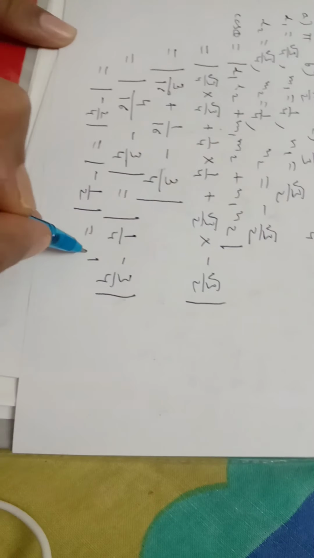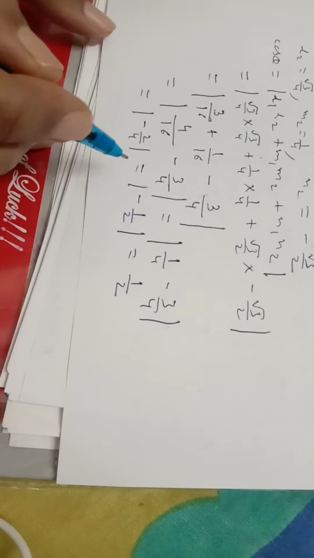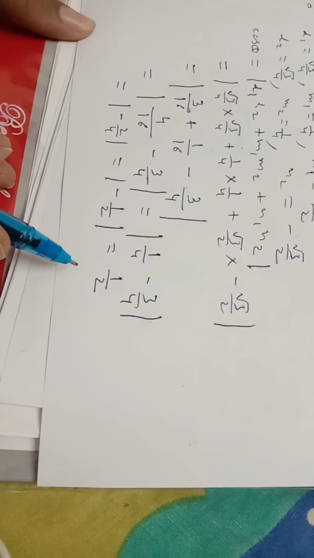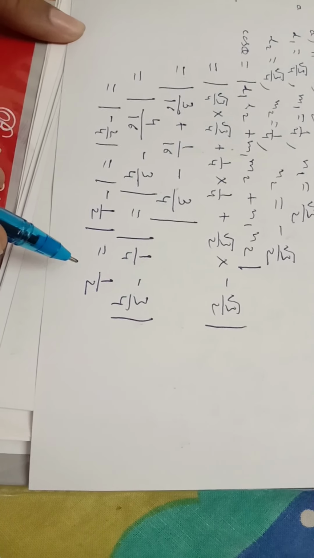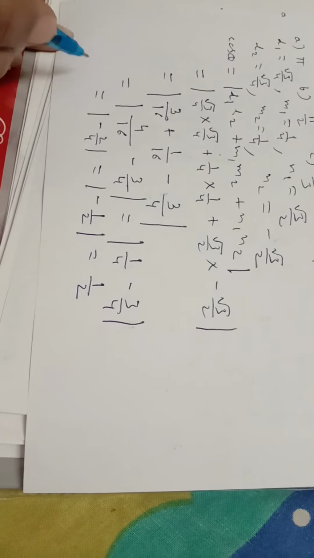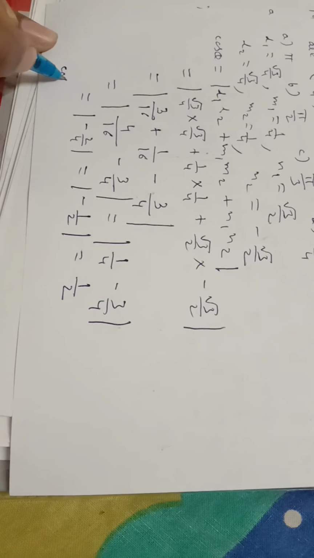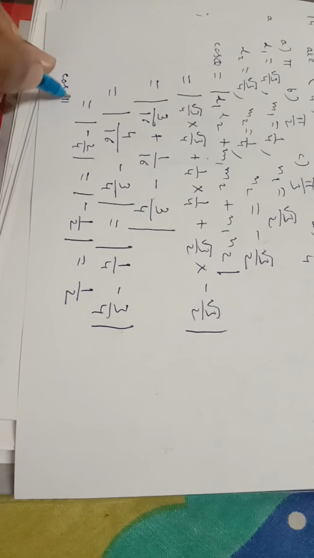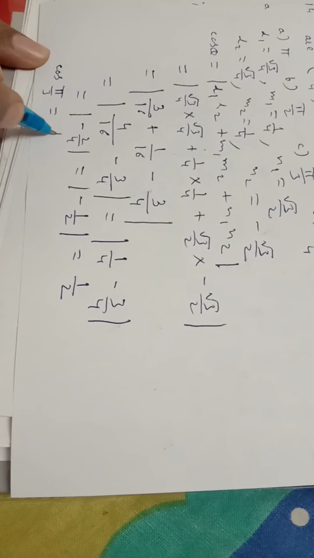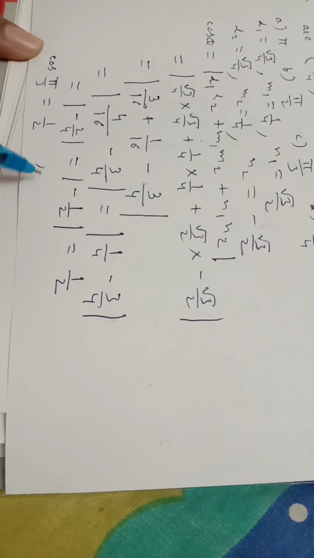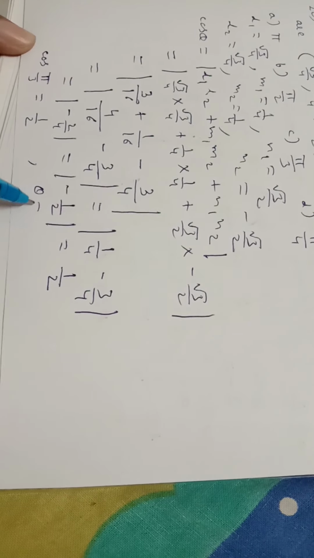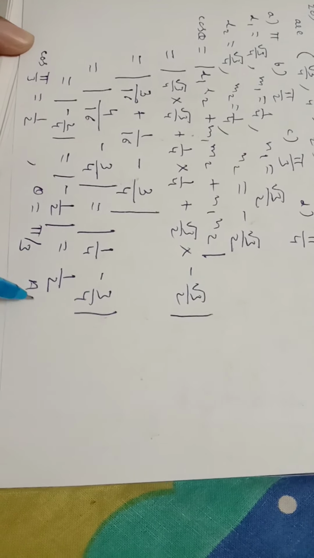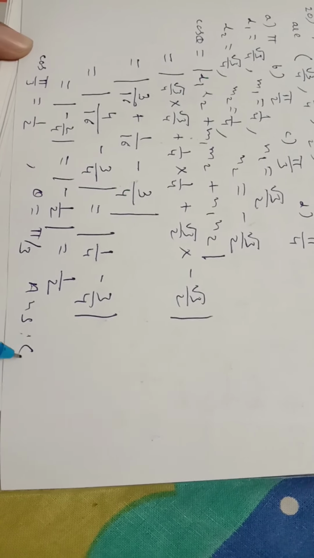Mod of a negative number is positive, 1 by 2. Cos theta is 1 by 2, and this is the value of cos for a standard angle. We know that cos 60 degree or cos pi by 3 is 1 by 2. It means that here theta is pi by 3 radians. So the answer is option C.